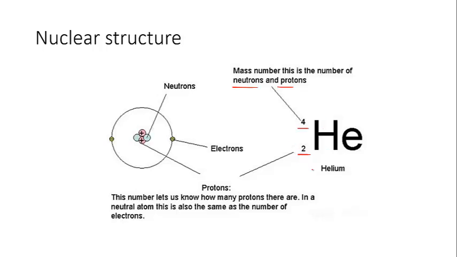Well, the atomic number for helium is 2. So this means it has 2 protons. The mass number minus the atomic number gives you the number of neutrons. So helium has 2 neutrons, 2 protons, and if it's a neutral atom, it will have 2 electrons as well.